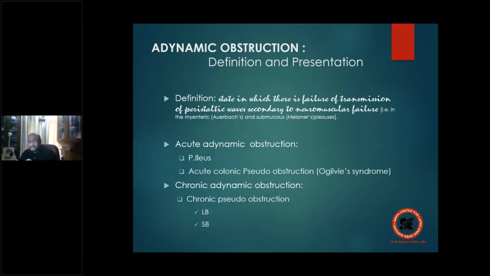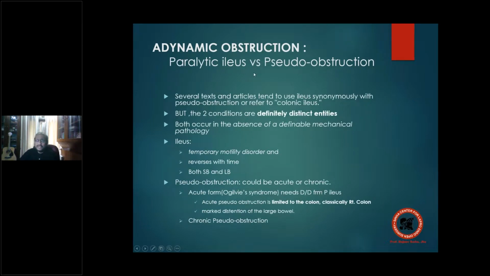One, what we commonly know as paralytic ileus, and number 2 is what we know as Ogilvie's syndrome or acute colonic pseudo obstruction. The second variety is chronic adynamic obstruction, also known as chronic pseudo obstruction, which is large bowel or small bowel.